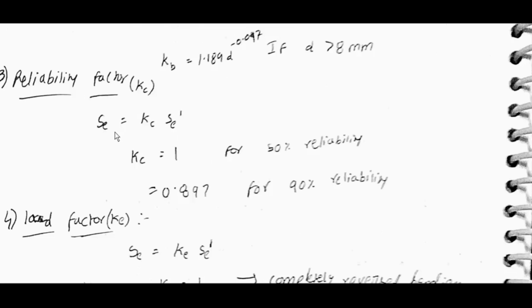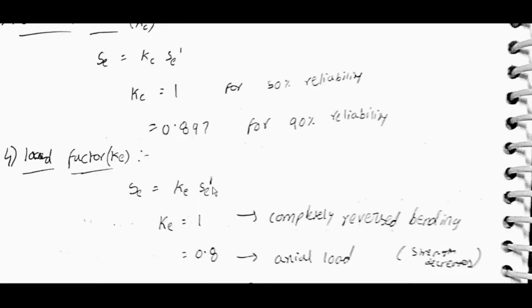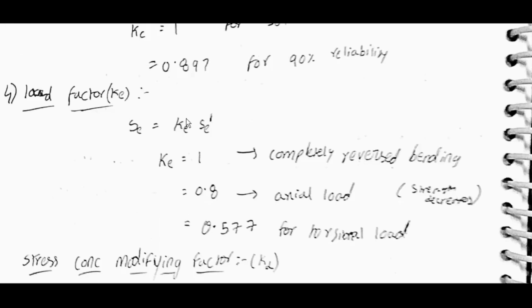Reliability factor Kc: SC is equal to Kc into SC prime. Kc is equal to 1 for 50% reliability, and 0.897 for 90% reliability. Load factor: SC is equal to Ke into SC prime. Ke is equal to 1 for completely reversed bending, 0.8 for axial load, and 0.577 for torsional load.